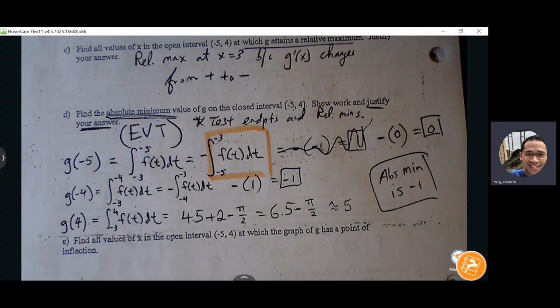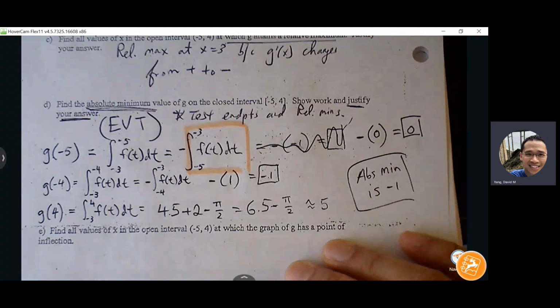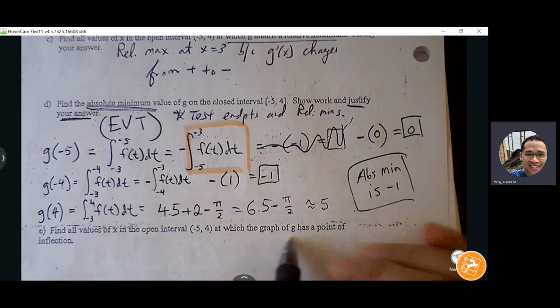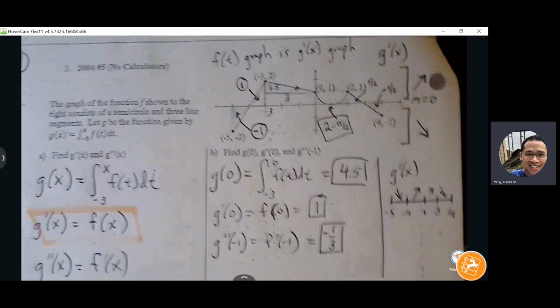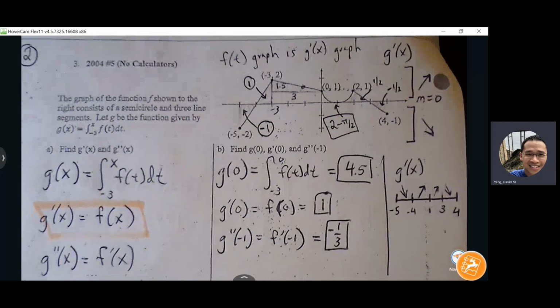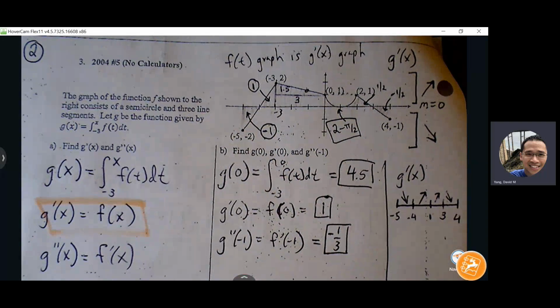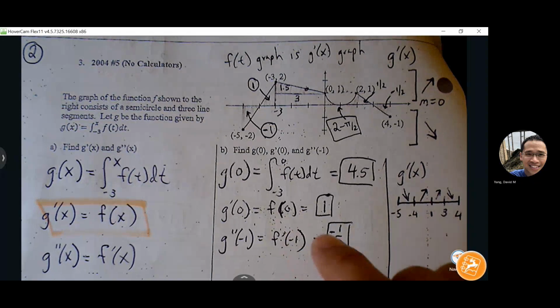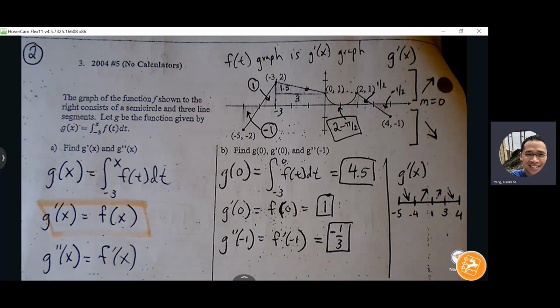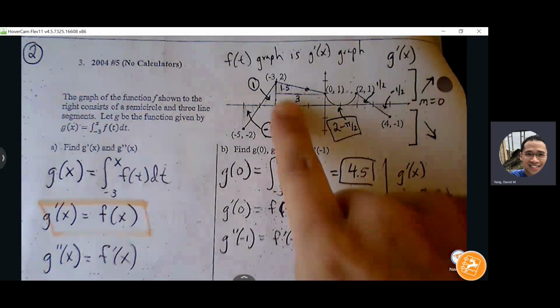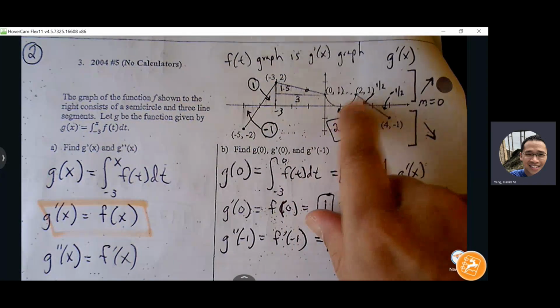Okay, part E is also first semester review. Find all the values at which the graph of G has a point of inflection. So point of inflection, remember, this is the G prime graph. How do we find the point of inflection looking at the first derivative graph? Peaks and valleys. Yeah, peaks and valleys.